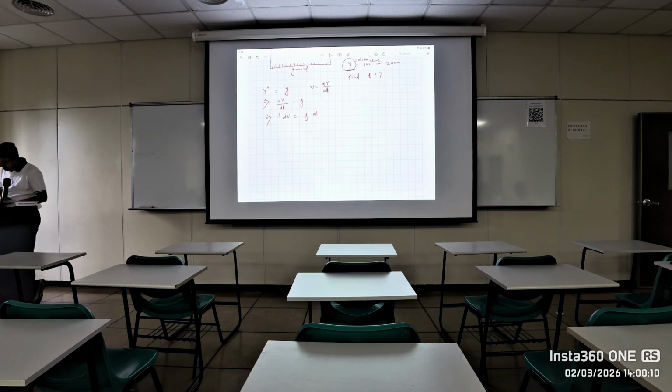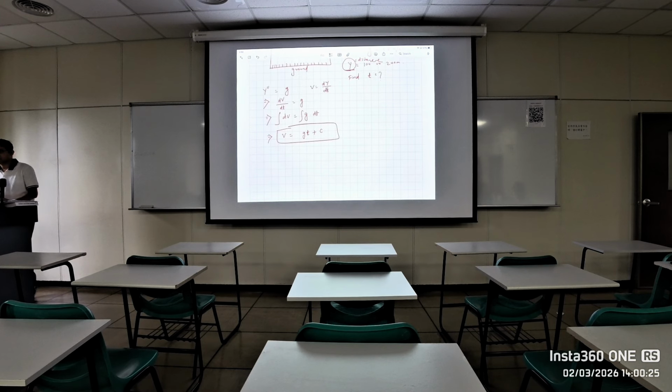If I integrate both sides, I get v is equal to gt plus some constant, let's say c. So this is my velocity, the velocity at which the stone will move towards the ground.